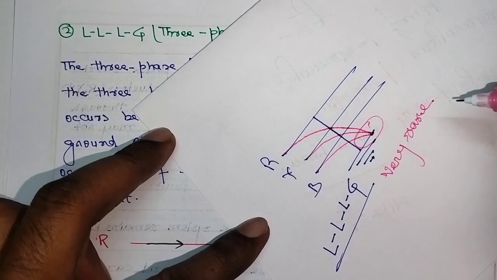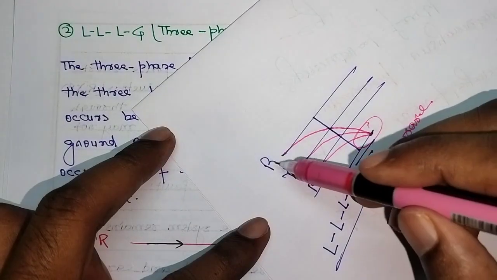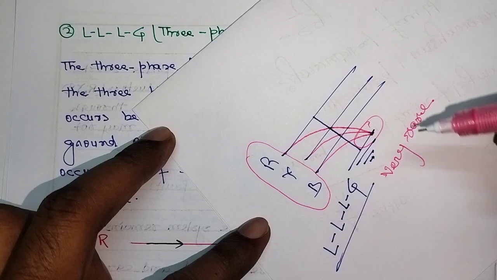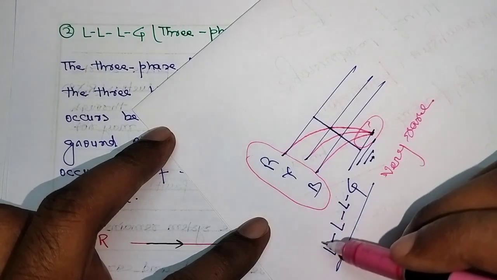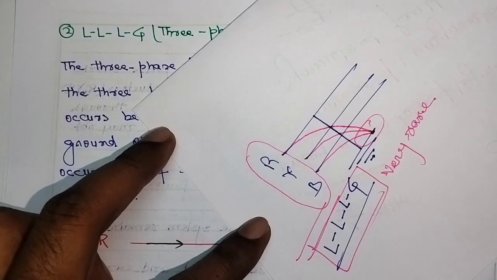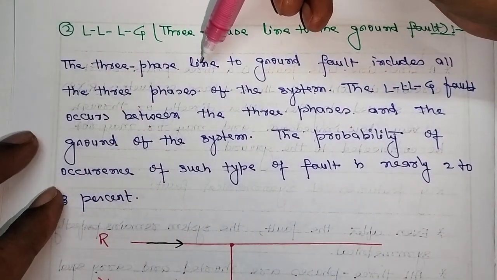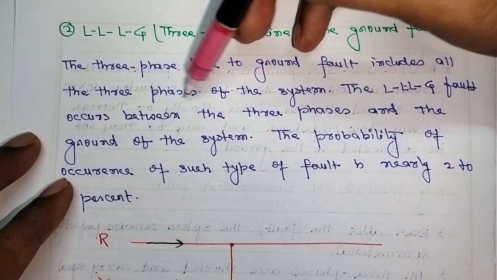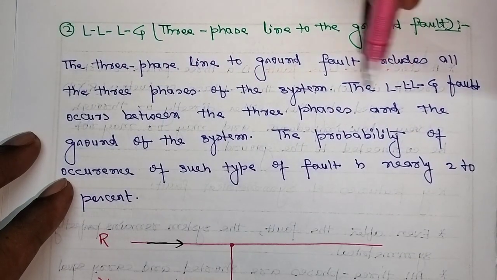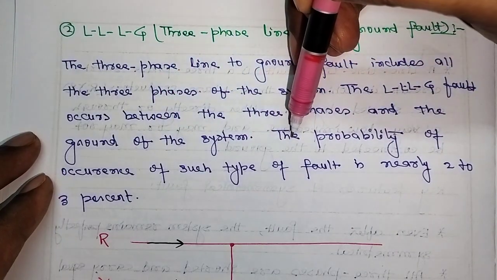A three-phase fault occurs when all the three conductors R, Y and B are in contact with the ground simultaneously. So such type of fault is called the line to line to line ground fault. A three-phase line to ground fault includes all the three phases of the system.